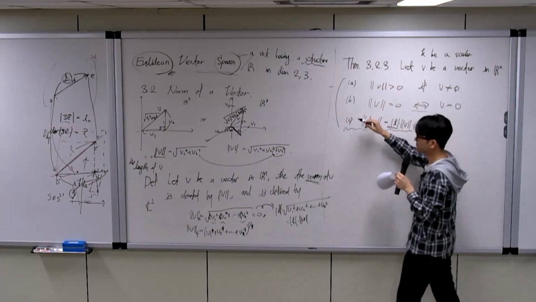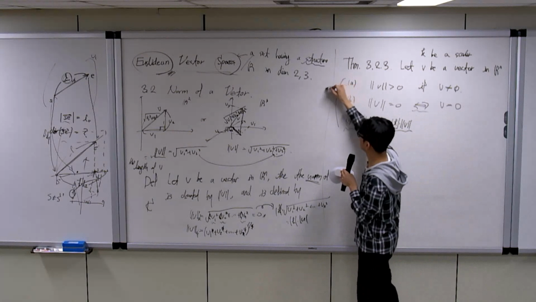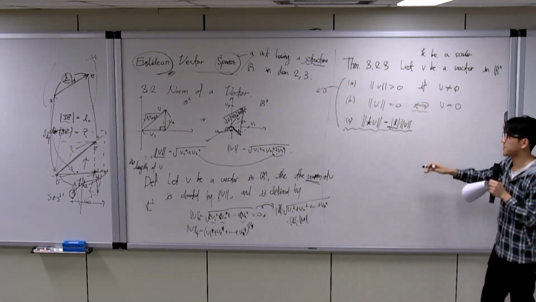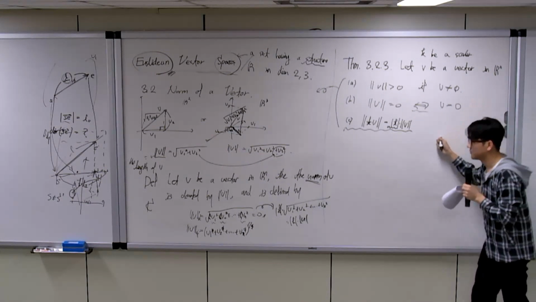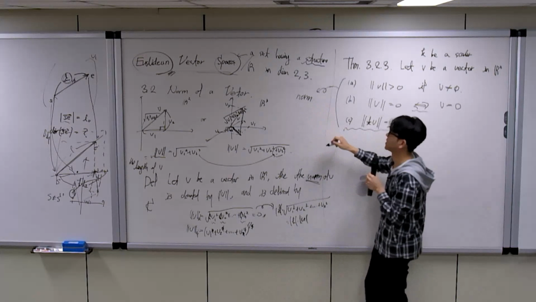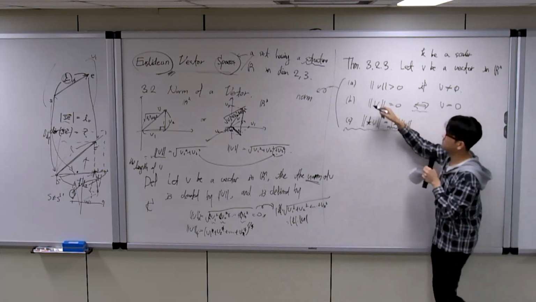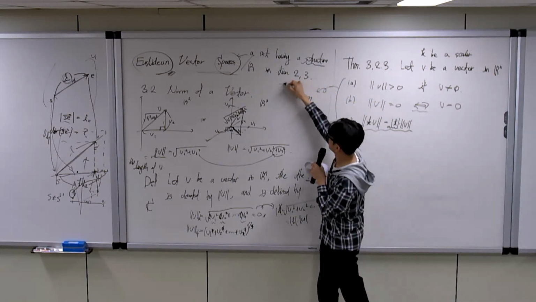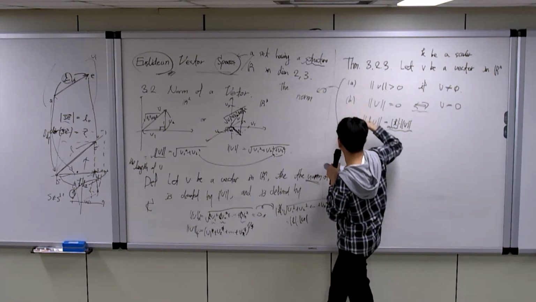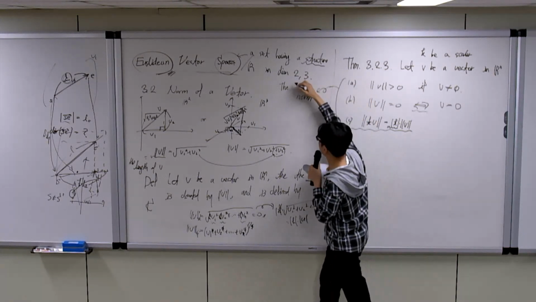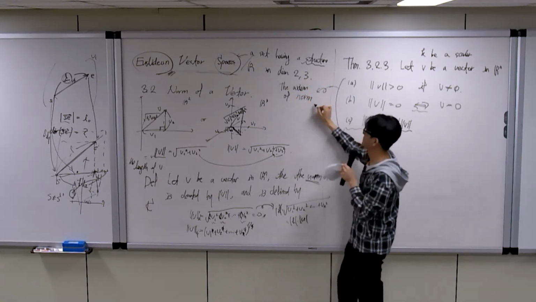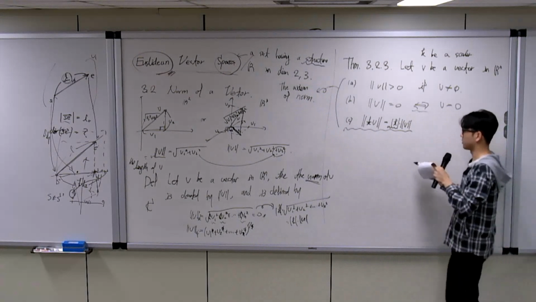So the mathematicians generalized: if the norm satisfies these three properties, then we will say that it is a norm. These properties are called the axioms of norm, or the definition of norm.